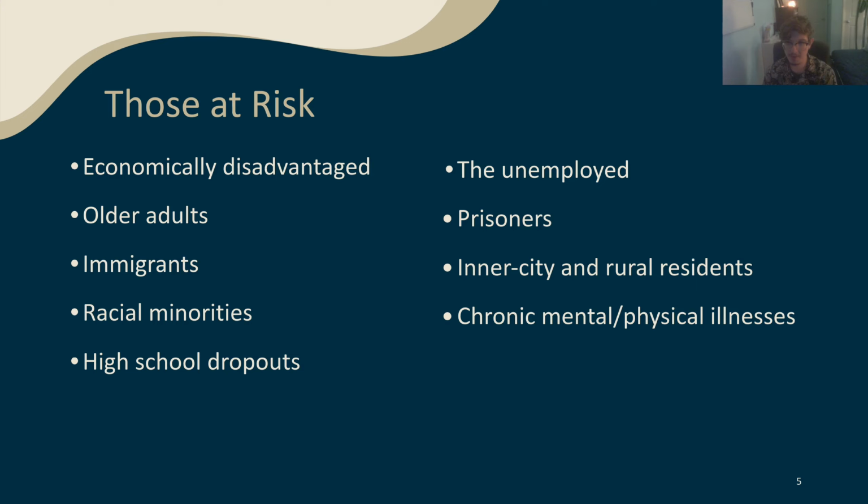The parents that live in those areas can't support their kids as well. And at the end of the day, it's kind of this domino effect where in general, these kids are probably not going to get as good of an education because there's not as many resources, and that's going to put them at risk of lower literacy, especially in a place like here in Nevada where our public education is already so bad.